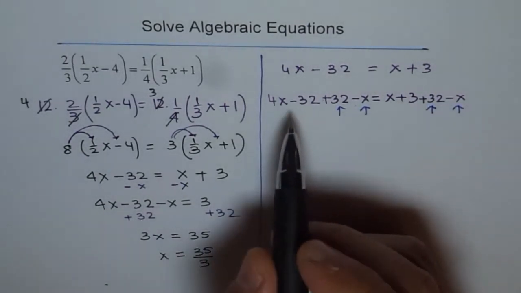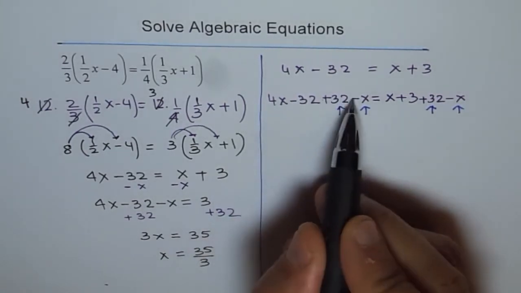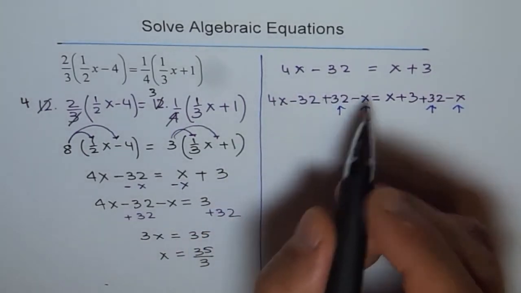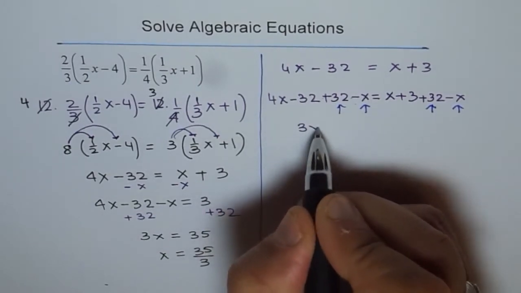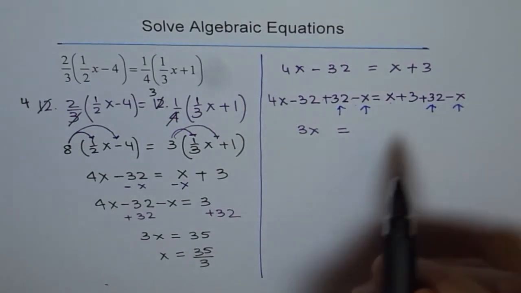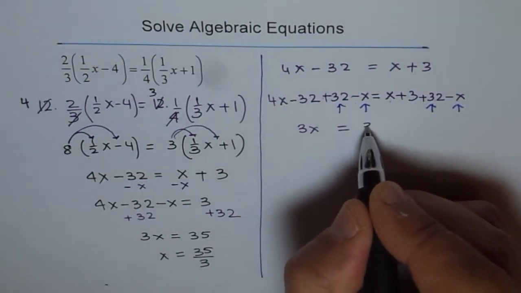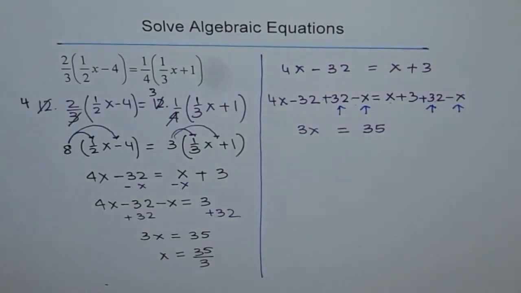And what happened? See, minus 32 plus 32 is 0. And then we have 4x minus x, which is 3x. We get 3x equals to, on this side, x minus x is 0. And we get 3 plus 32, which is 35. That is how we got to this step. Do you see that?